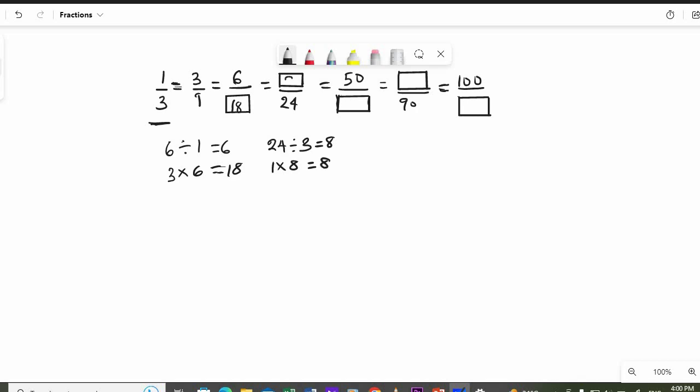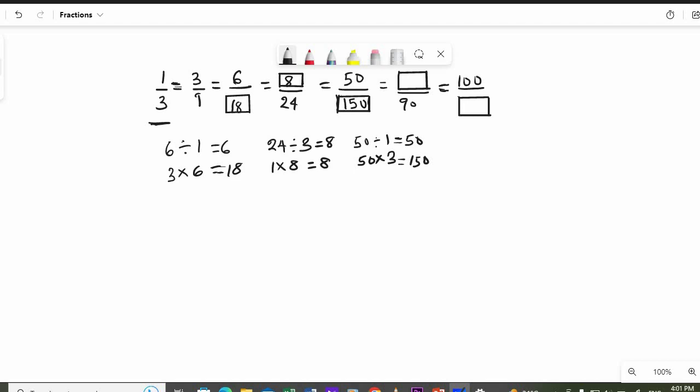So the answer here will be 8. Okay, and then same thing we do for this one. 50 divided by 1 gives us what? 50. So 50 times 3 gives us 150. So the answer here is 150.